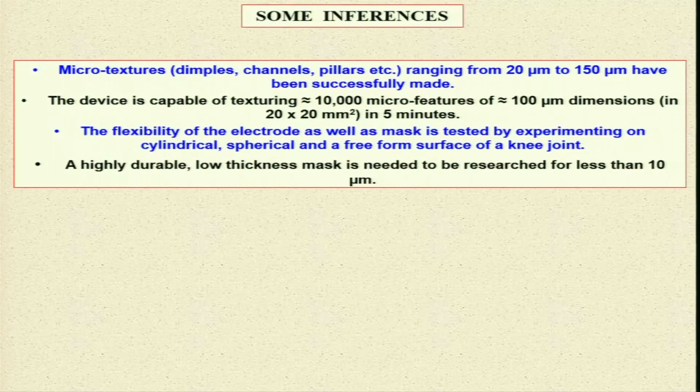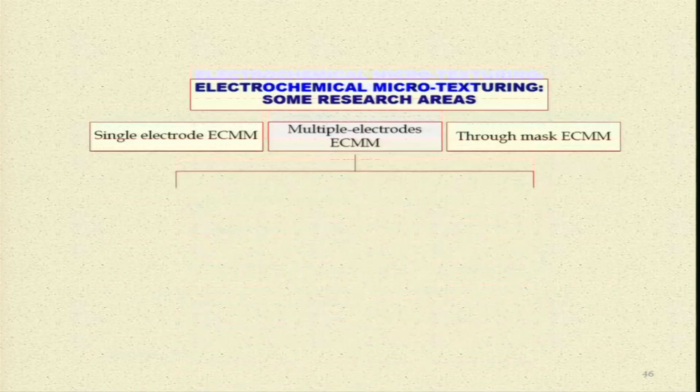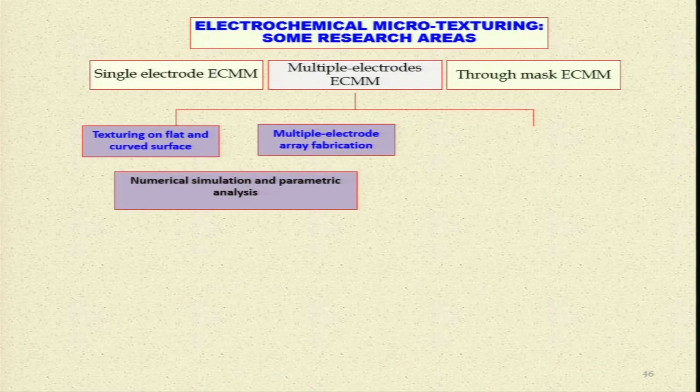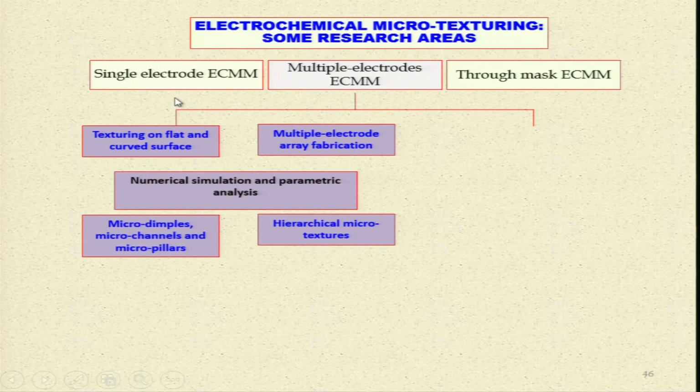A highly durable, low thickness mask of less than 10 micrometer needs to be researched. Now, this is what we have already done: single electrode electrochemical micromachining, multiple electrode electrochemical micromachining through mask ECMM, texturing on flat and curved surfaces, multiple electrode array fabrication, numerical simulation and parametric analysis, micro dimples, micro channels and micro pillars, hierarchical microtexture.